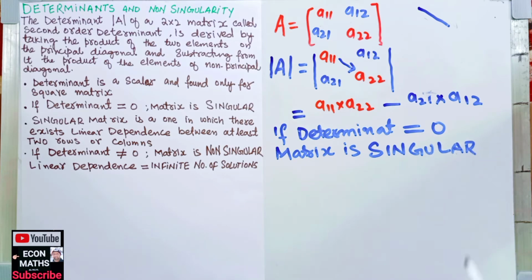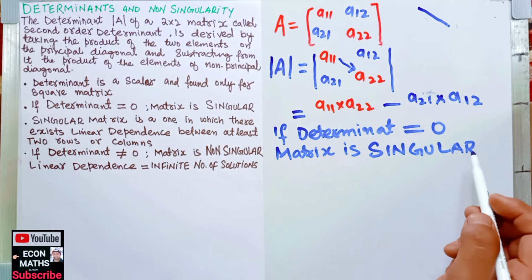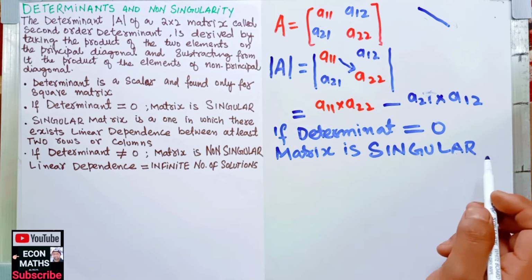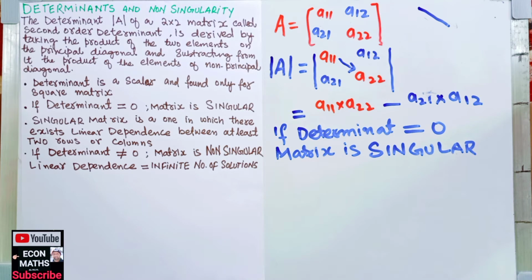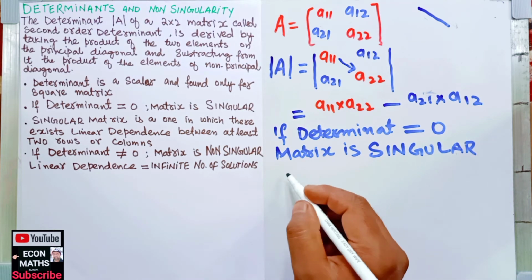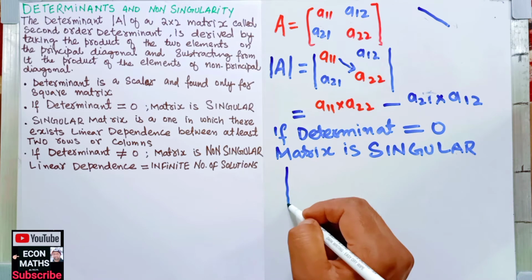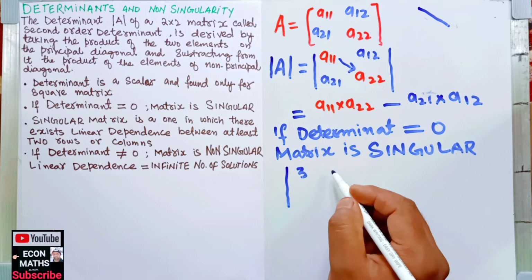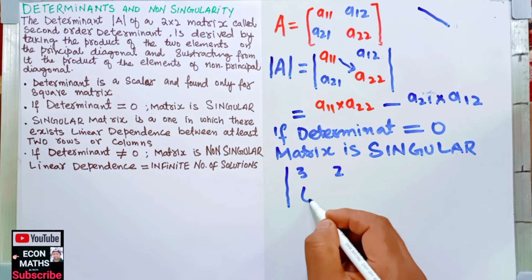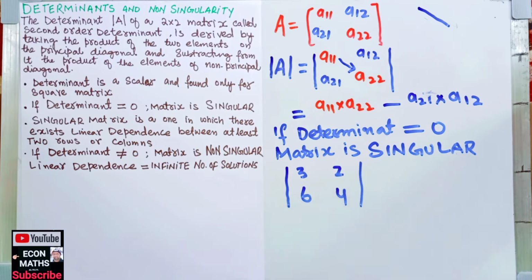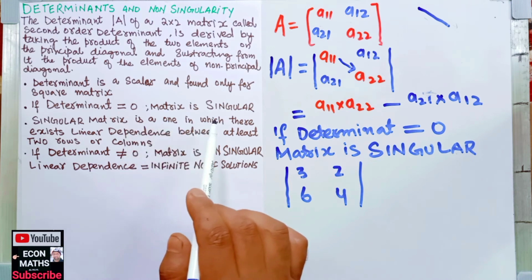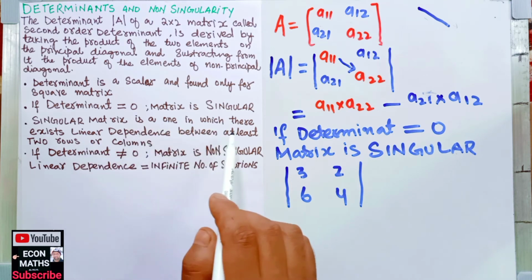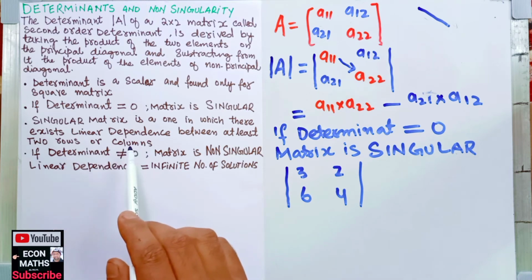Now a singular matrix is one in which there exists linear dependence between at least two rows or columns. That is, if I have a matrix, let us say [3 2; 6 4], this singular matrix is one in which there exists linear dependence between at least two rows or columns.